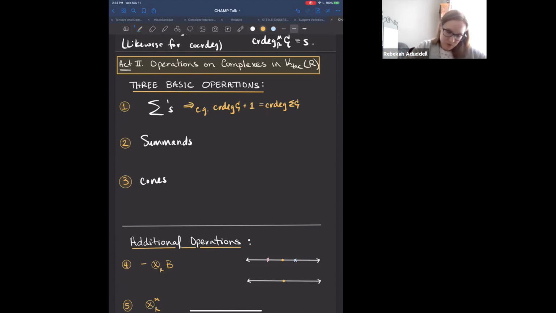But for summands, what I mean by summands is, KTAC is an additive category. And so if we have two complexes A and B in the category, and the direct sum is in that category, in this case we would be able to say something. But taking summands means if the direct sum is in the category, then each of the summands is in the category. And that's when it's a little bit more difficult to say something.